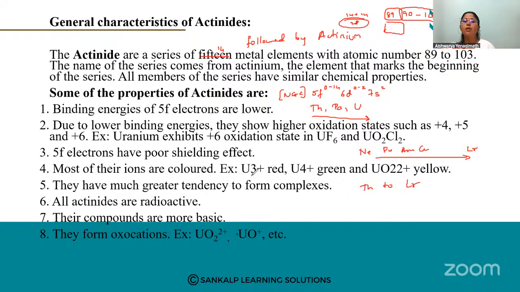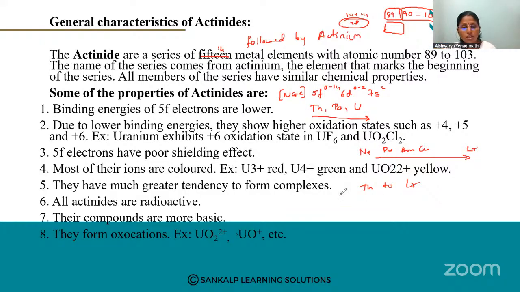To come back, they have to give out the extra energy they have taken. The transmitted energy, with its corresponding wavelength, is seen as light. So therefore they are colored. Here you can see some of the colors also. Uranium +3 is red, +4 is green, and +2 is yellow. So this is about the general properties of actinides and lanthanides.